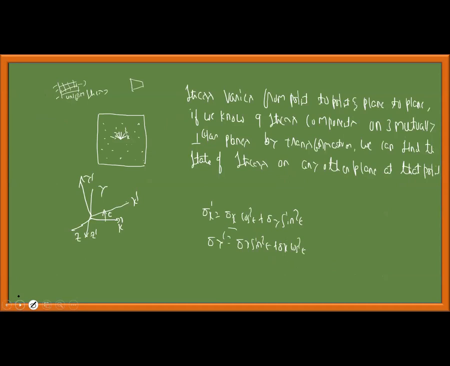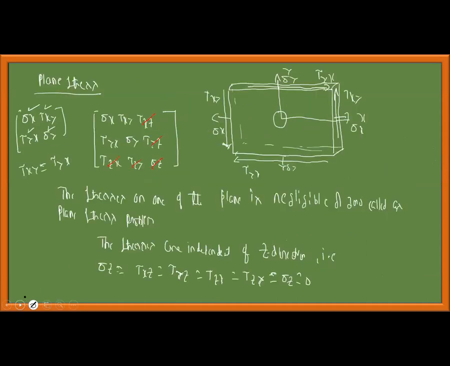If I know the stress on 3 mutually perpendicular planes, I can do a transformation and find the state of stress at that point on any other plane. Okay, this is known as transformation. Why we require transformation, I will discuss that, but let us discuss plane stress first. Plane stress means the stresses are not varying with respect to one of the coordinates.